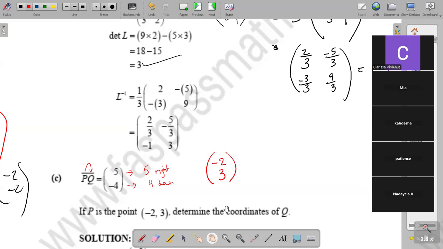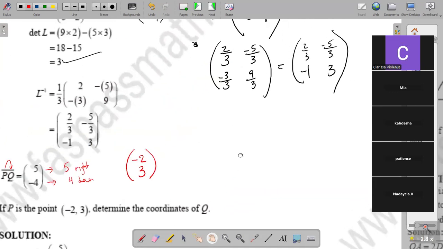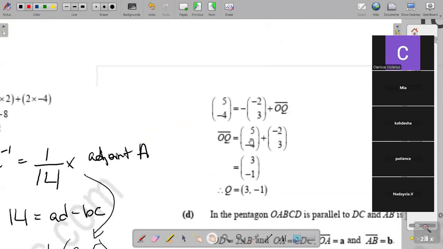I need some more people to talk. So before we find out the actual answer: ladies and gentlemen, it is an add. Because think about it, PQ is equal to PO plus OQ.